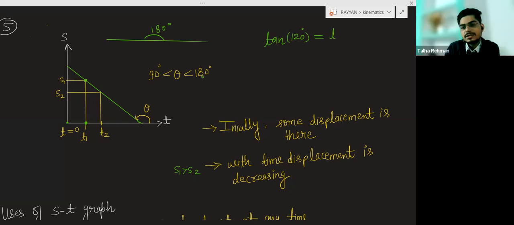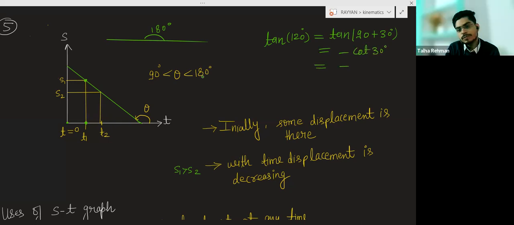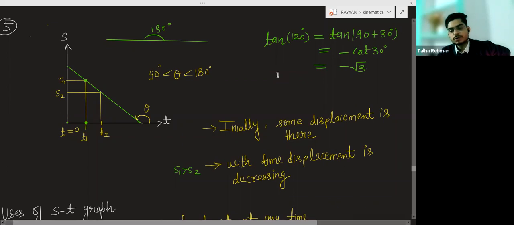You can write this as tan of 90 plus 30, and tan(90 plus theta) is minus cot theta, so minus cot 30. What is the value of cot 30? Cot 30 is root 3. So it will be minus root 3. So you will get a negative slope.